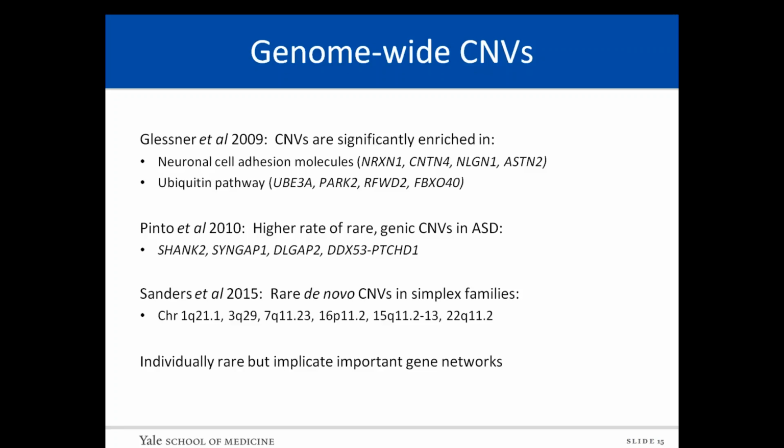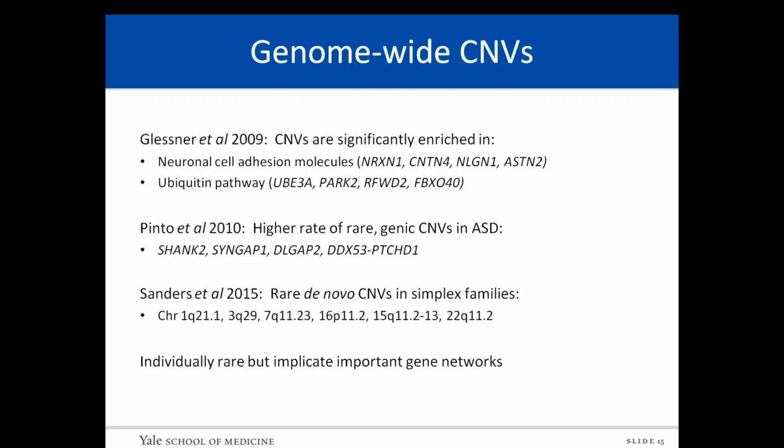And then a recent paper looked at copy number variants in simplex families. These are families in which there is one affected individual, with the thinking that these types of families are enriched for a spontaneous mutation, since there is one individual rather than multiple affected individuals. And indeed, there was a higher rate of rare de novo CNVs at these chromosomal regions.